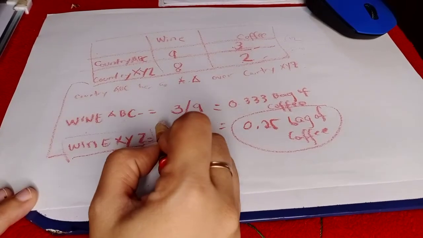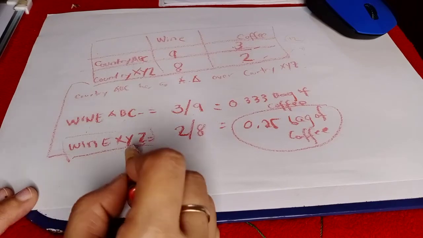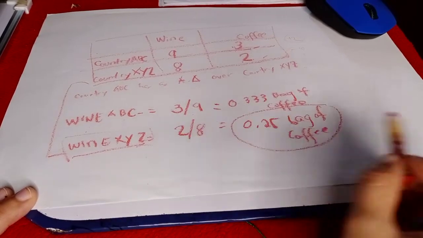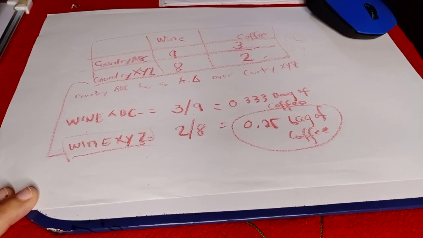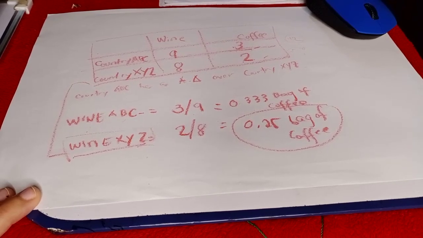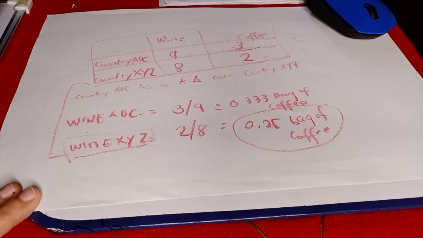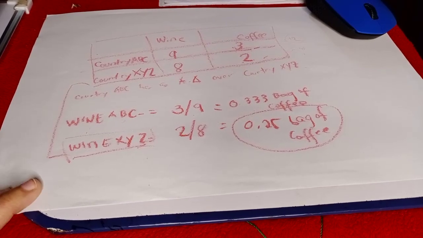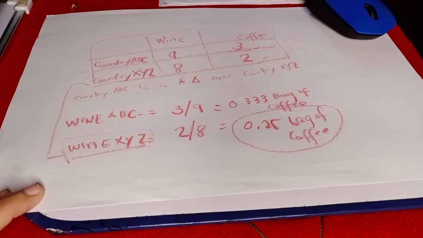Our dividend in wine ABC and wine XYZ is coffee, because we need to look at how many bags of coffee they are producing, whether lesser or greater. If a country produces fewer bags of coffee, it means they produce more wine.